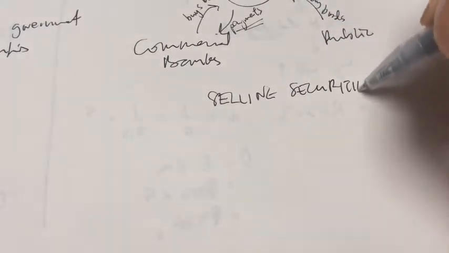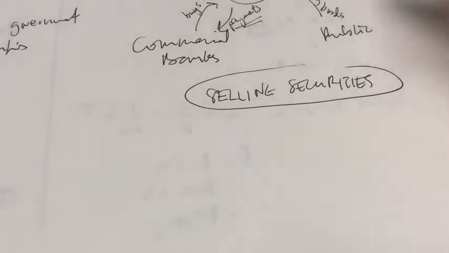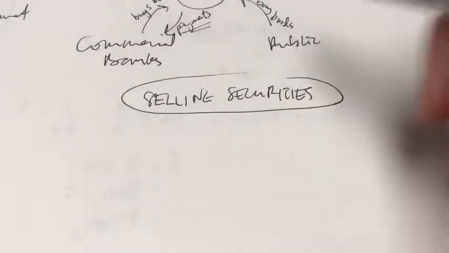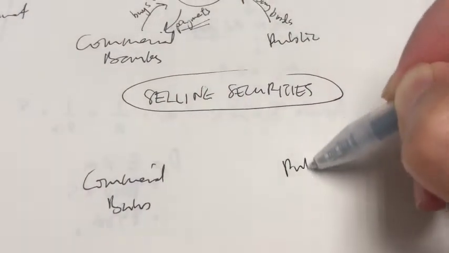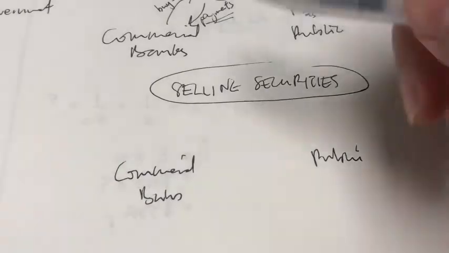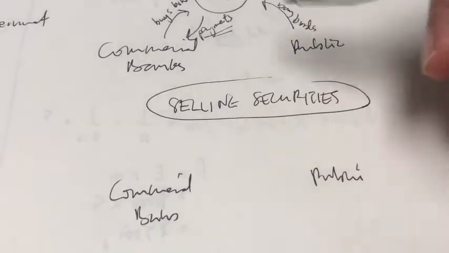Now let's take a look at what happens when the central bank wants to sell securities. Just like before, the central bank can sell securities to these two parties, to the commercial banks and to the public. As you can see, I'm making the arrow go in the opposite direction.